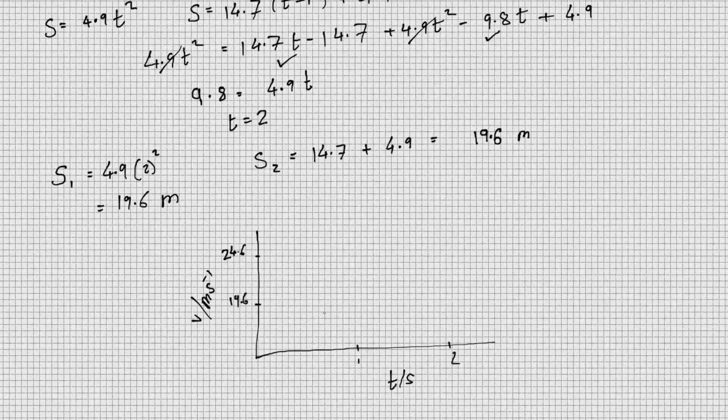So for the first particle, it comes into existence when the time is 0, and it reaches 19.6 after the 2 seconds. Then the second particle comes into existence here after 1 second and reaches 24.6 meters per second after a second of its journey has passed.